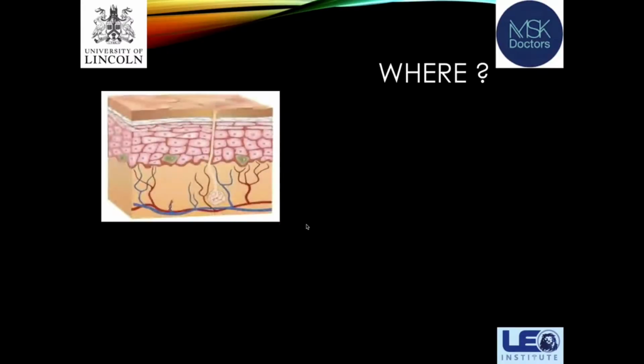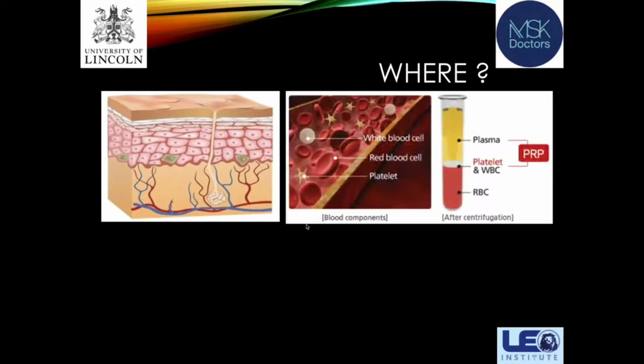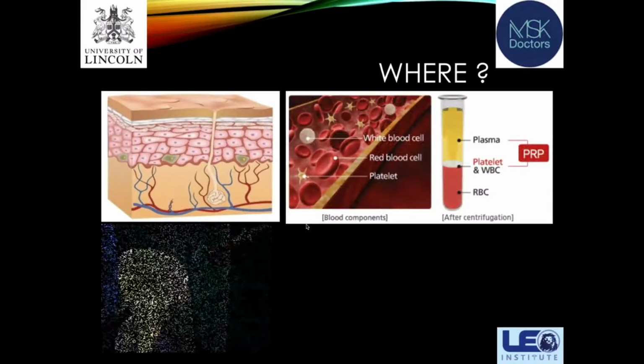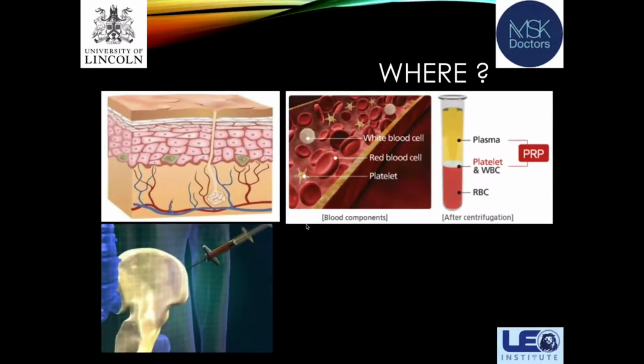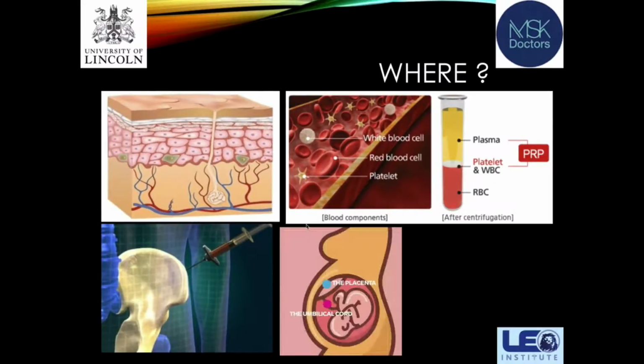Some people get cells from skin. We can get cells from blood. And perhaps from the bone marrow. Some of you might have heard of bone marrow stem cells. Or we can get them from the placenta, umbilical cord, or even from the embryo, but that is very controversial.